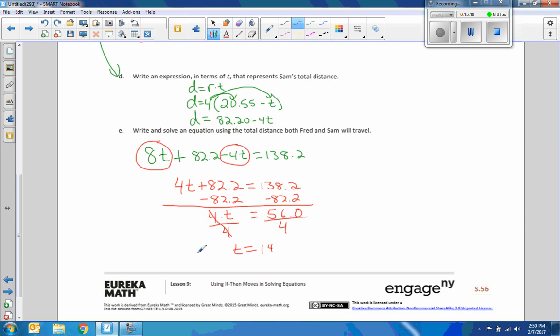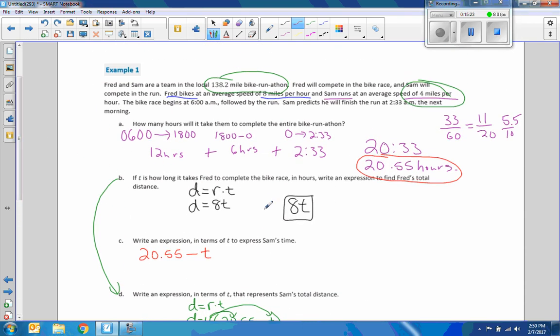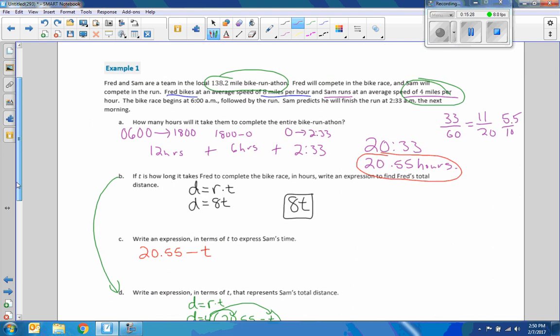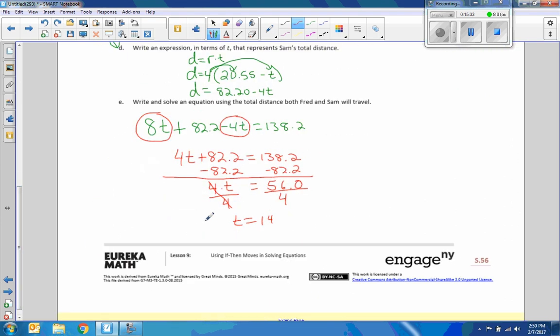Okay, so what is t? If I come back up here, t equals 14 would be what? Fred's time, right? This is Fred's time. Sam's time would then be that 20.55 minus t.